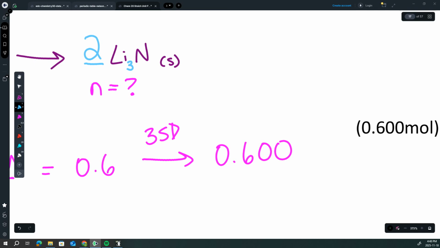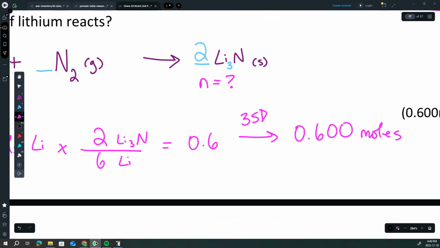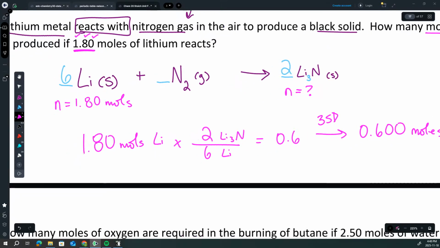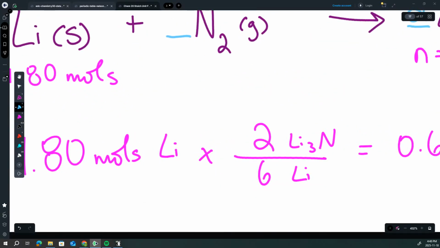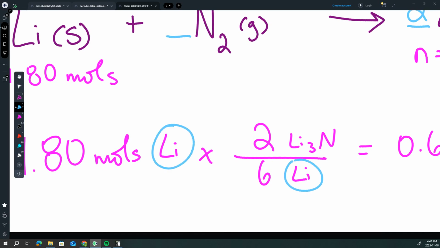Okay, and whatever you do, do not forget about units. Our units are moles. Okay, and if we look back at our molar ratio and use the substances kind of like units to show how they cancel out. So lithium is on the top and I see lithium on the bottom.